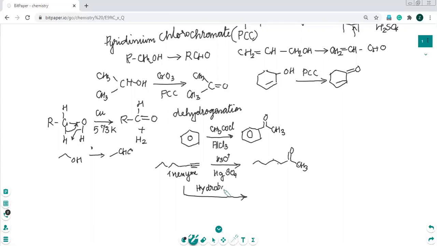Hydroboration means reacting with BH3, that is meant by hydroboration. First step. And second step is oxidation. You will get an aldehyde.